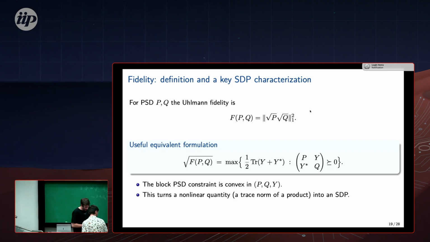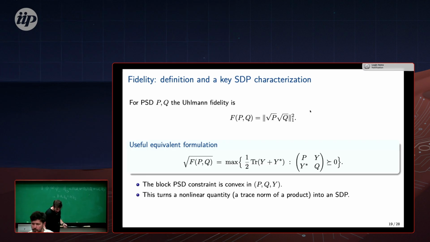But it turns out that you can write it in this form over here, which is an SDP. And once we have SDPs, we have lots of things we can play with, like duality and finding feasible points and so on. So even though getting a closed formula for two matrices P and Q is probably very hard, you at least have something you can play with to get feasible points, bounds, and so on.